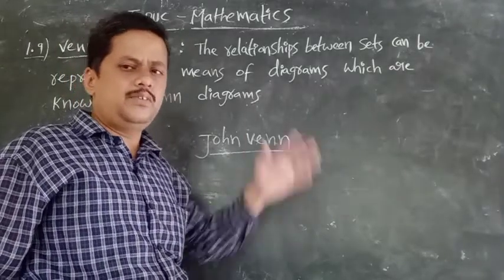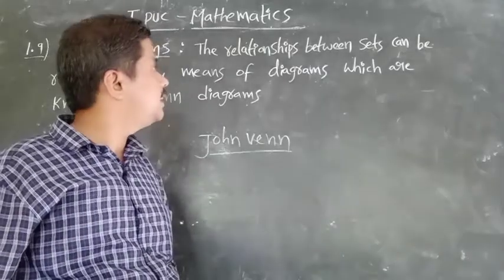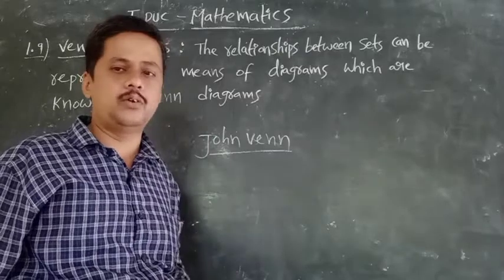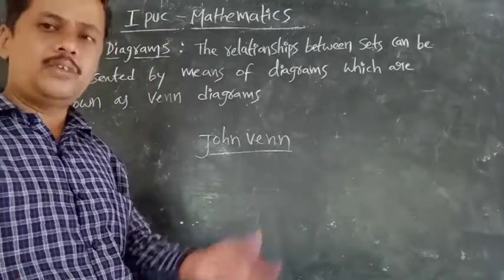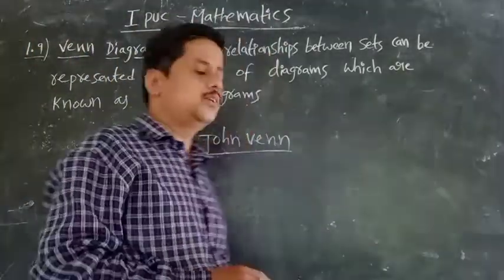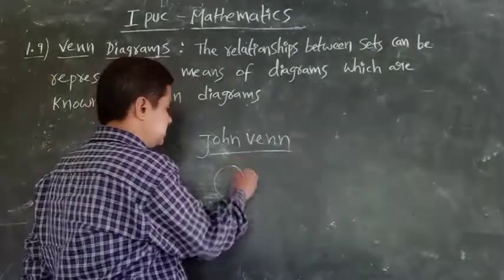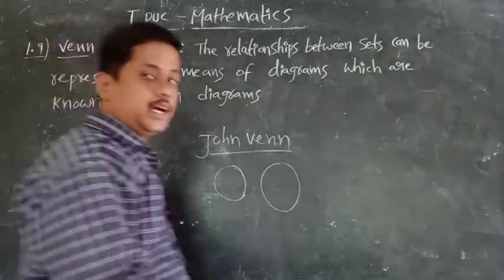It is very useful further, so you can easily identify how each set will be behaving by means of diagrams. What diagrams are we using? We are using closed curves, especially circles, sometimes ovals also, and rectangles.